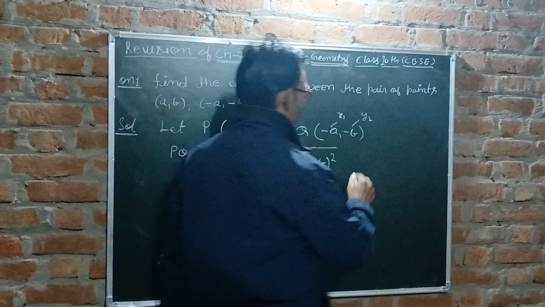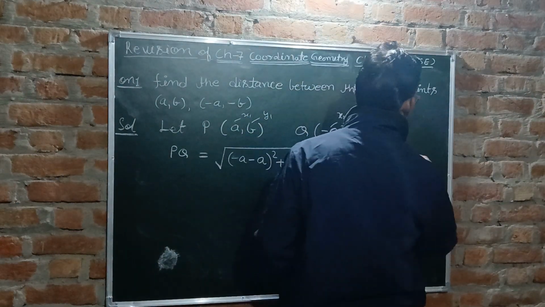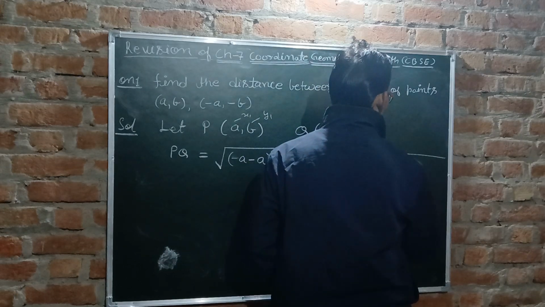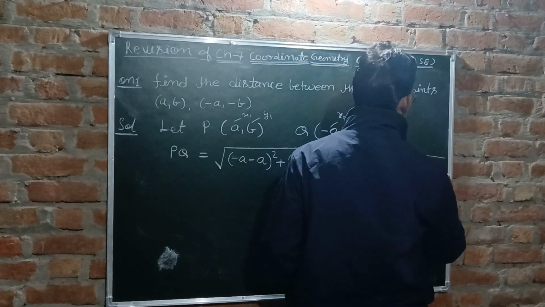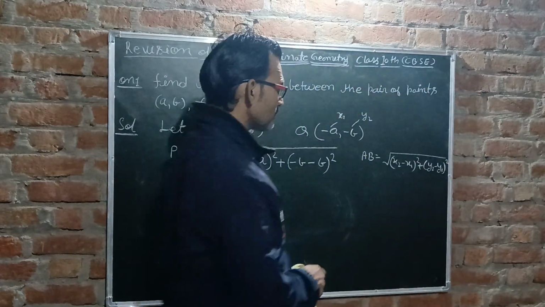I will write the formula in short, that is distance AB equals under root of (x2 minus x1) whole square plus (y2 minus y1) whole square.